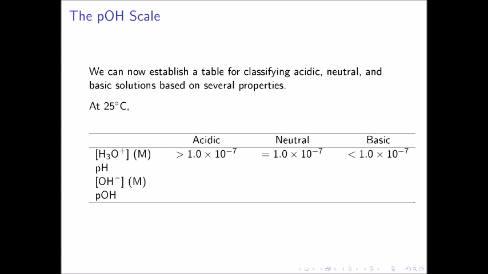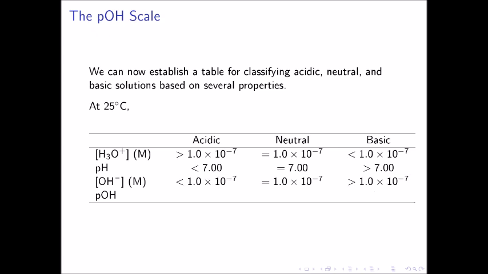A neutral solution has a hydronium ion concentration equal to 1 times 10 to the negative 7, and a basic solution has a hydronium ion concentration less than 1 times 10 to the negative 7. As we just saw, the pH of an acidic solution is less than 7, the pH for a neutral solution is equal to 7, and the pH of a basic solution is greater than 7.